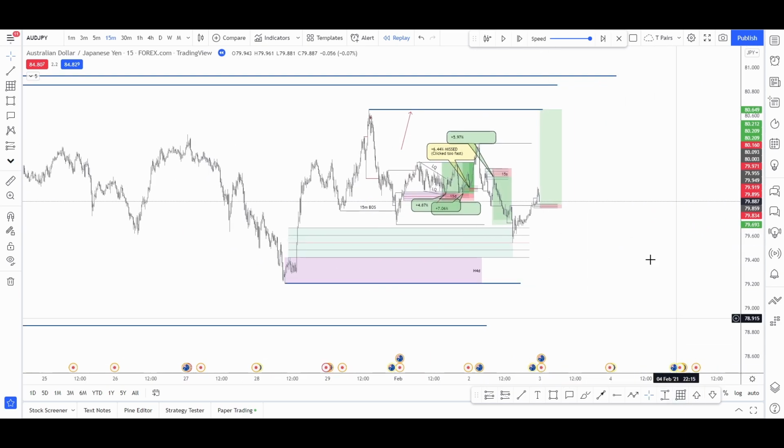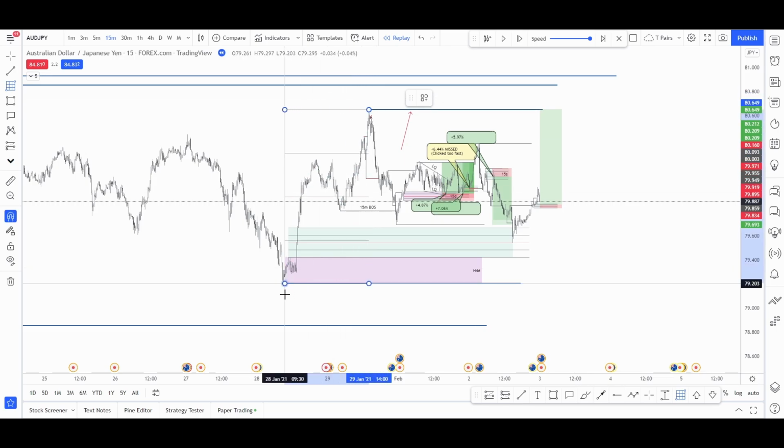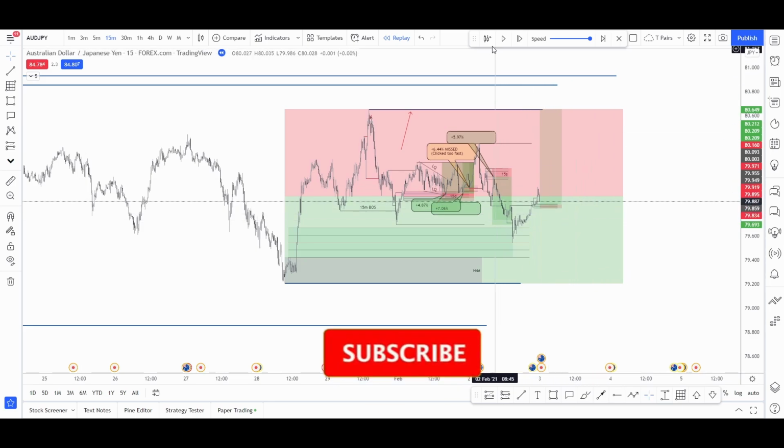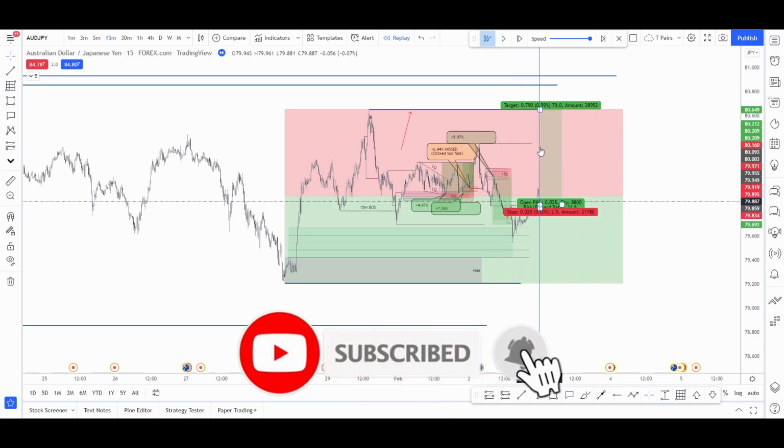Because if we get back up our premium versus discount, we are now in discount, price came into discount, it's working its way back up. We've got a change of direction on the 15 minute, what time are we? If I flick onto the 4 hour, this will show me what direction it's going to go in. So let's go back a tiny bit. We've got this placed on the charts, we're going to be taking this trade.